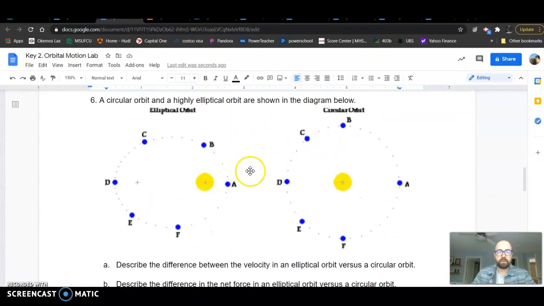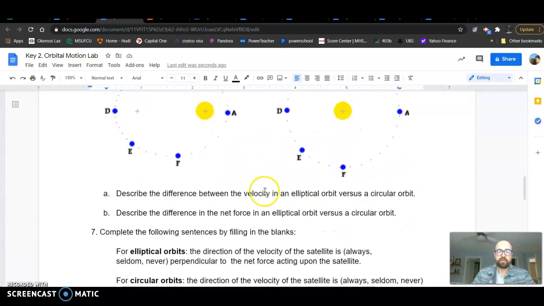it talks about the two differences there, elliptical orbit versus a circular orbit. The magnitude of the velocity, so that's how much it is, changes in an elliptical orbit, but is constant in a circular orbit.